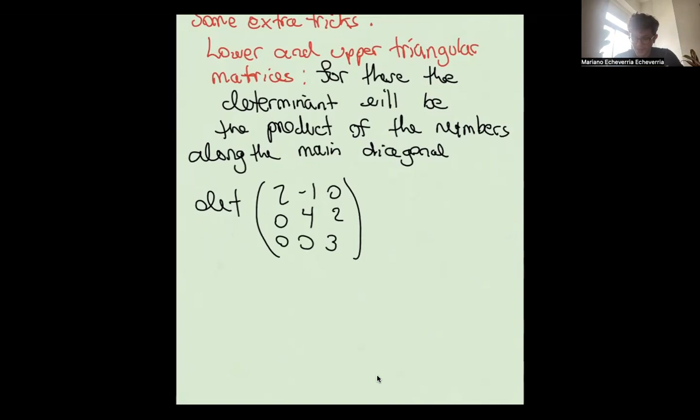A matrix of this sort is called upper triangular because all the non-zero numbers are on the diagonal or above it, on top of the main diagonal.